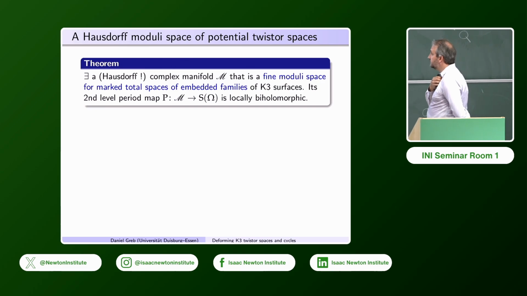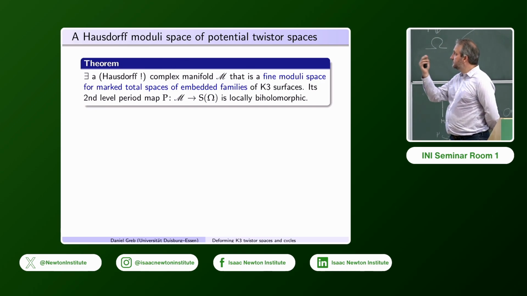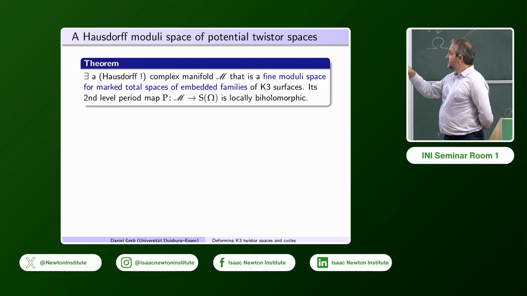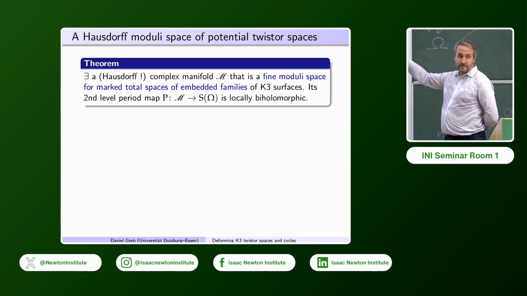So what does this mean in terms of twistor theory? This means that there is a 57-dimensional manifold, maybe with a lot of connected components, where each point corresponds to a threefold which is fibered into K3 surfaces. So this looks like one part of the datum that you need for a twistor space.